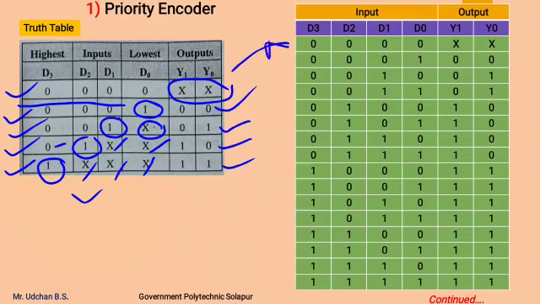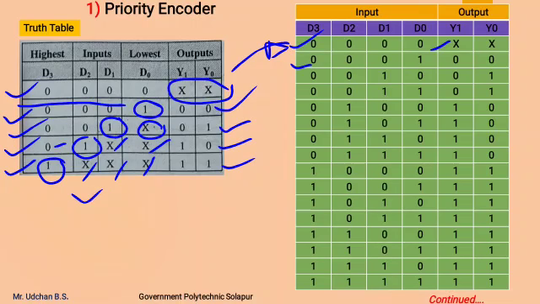This is what is elaborated in this truth table in detail, considering all the input combinations of D3, D2, D1, D0. In the first case, all the inputs are 0 0 0 0, therefore we get a don't care condition at the output, meaning the output can be anything. It can be in the 0 0 state, 0 1 state, 1 1 state, or 1 0 state. We cannot predict the output when all the inputs are 0.